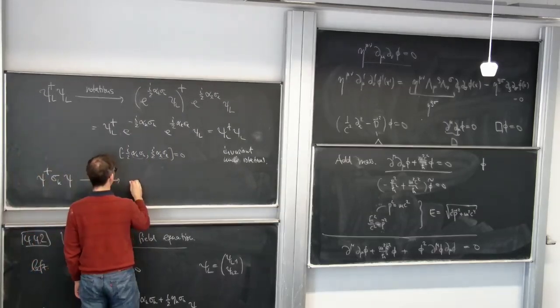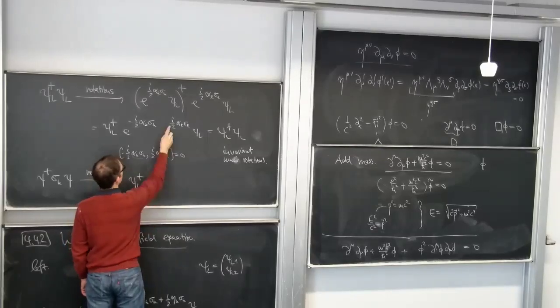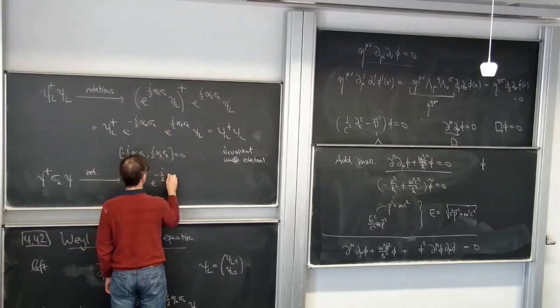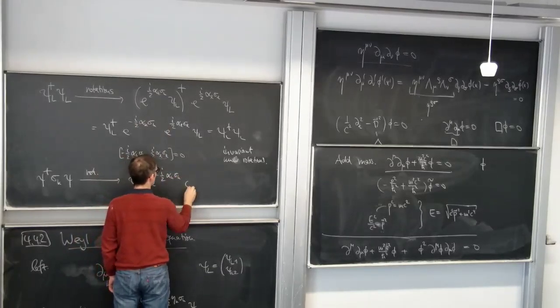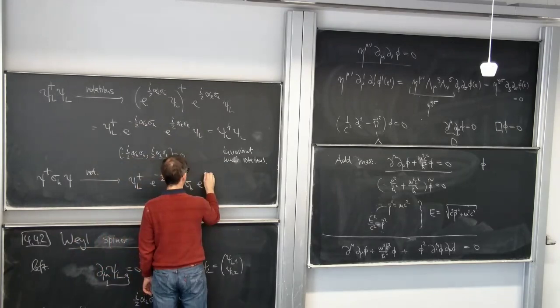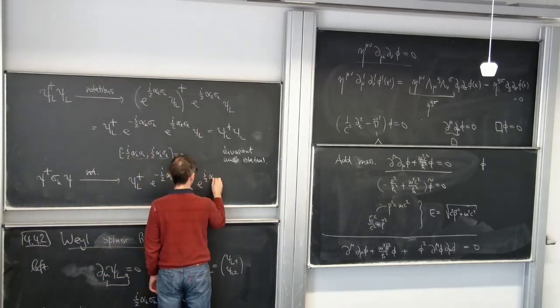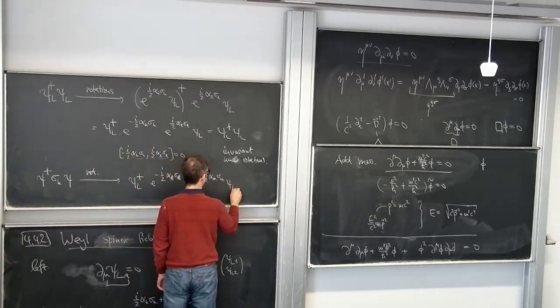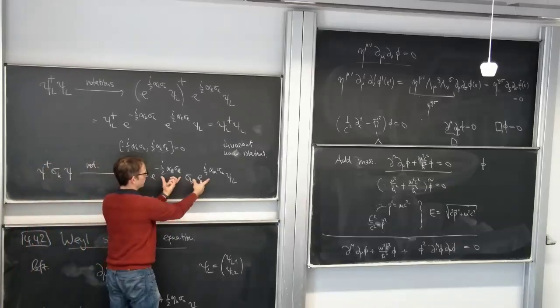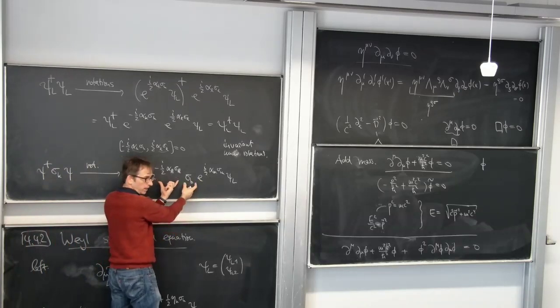Then we have psi_L dagger, I use what we found here, e to the minus i half alpha_k sigma_k, that's now sigma_l, because this is sigma_k, e to the i half alpha_m sigma_m psi_L. So now we're in trouble because they're adjacent, and this doesn't commute with that because it's not the same object.